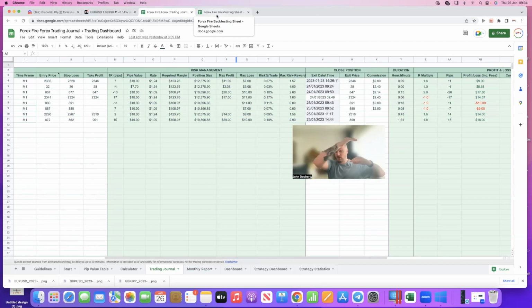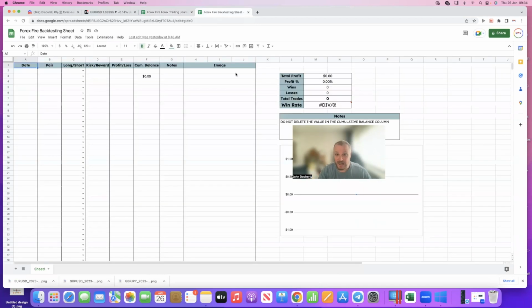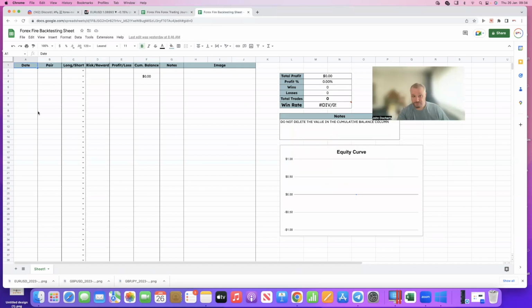I've got one which goes on the previous days, and I've got a great back testing sheet for this where you put your date, your pair, your long or short, your risk, your profit or loss, and this will add up your cumulative balance. You can put in your before and after trade shots on here, and it's going to calculate your total profit, monetary wise.